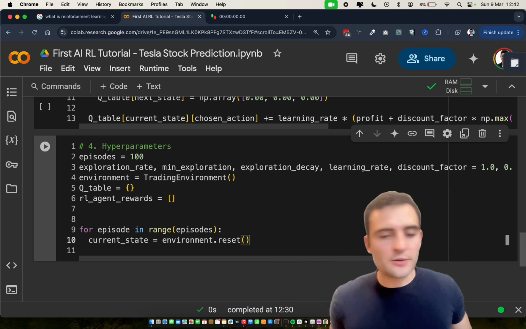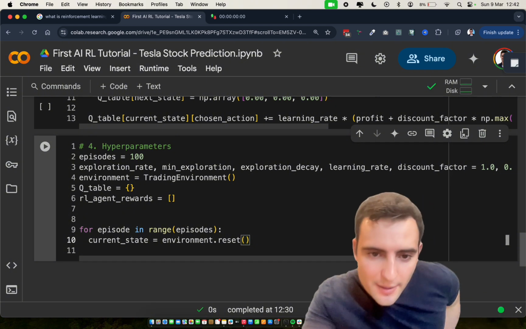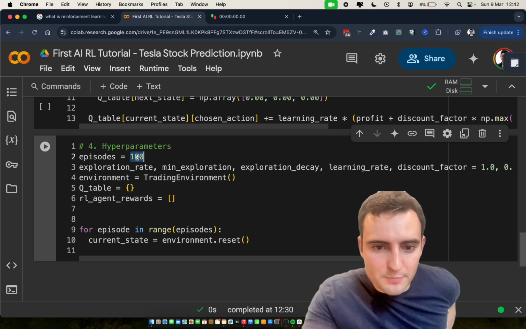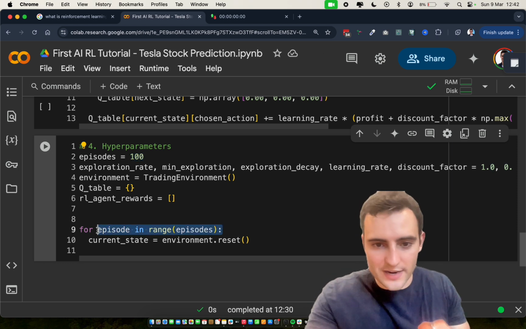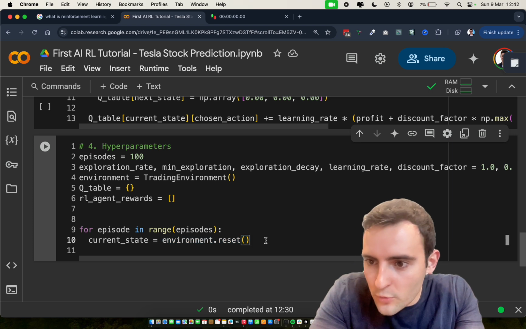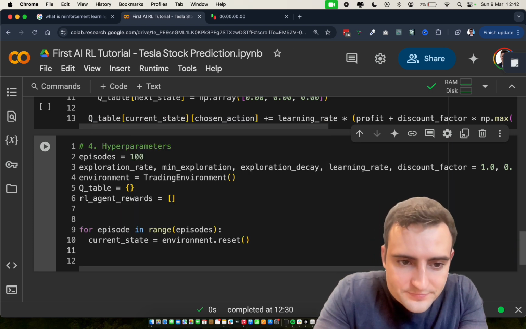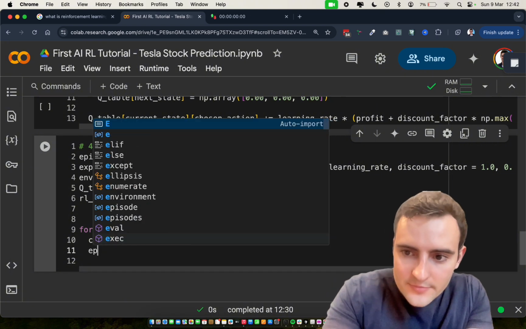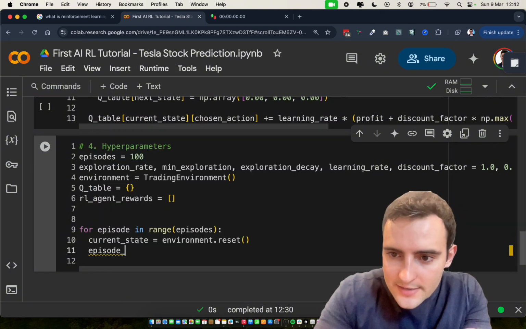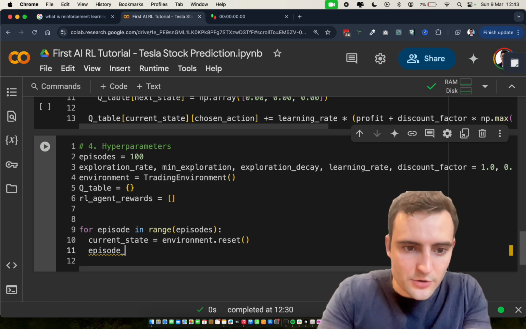Imagine, for example, you run a race, and then you run the race, for example, here 100 times, and you have knowledge that you've built up per race, but each race is a new race, right? So we reset it. Next, we write the episode total profit.